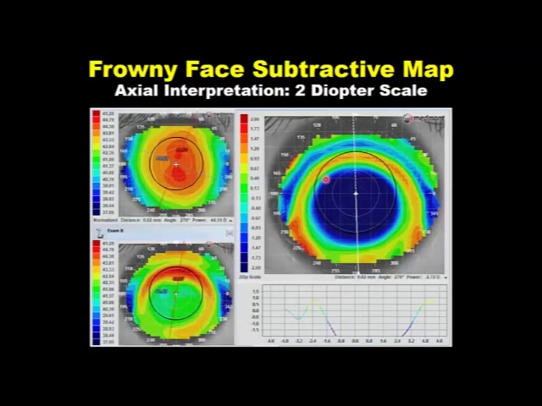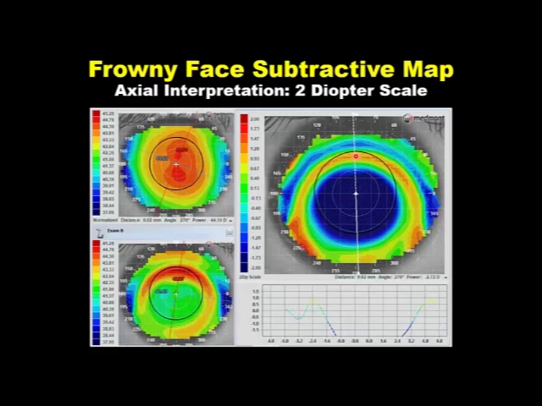Now your frowny face is your last outcome, and it's actually not that bad. It's more like a good bullseye, but slightly tight, and it rides slightly low. So we see the beautiful blue treatment zone. We see the RX change in the center, 2 3/4 diopters. The bad news, of course, is that we have some steepening inside the pupil.